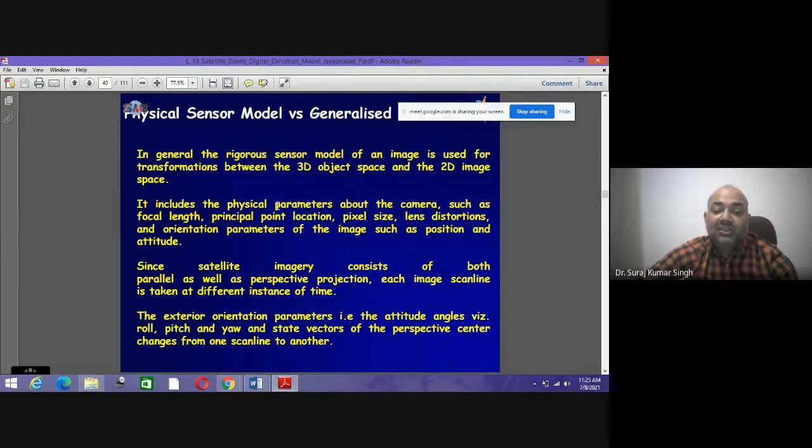Since satellite imagery consists of both parallel as well as perspective projection, each image scan line is taken at a different instant of time. The exterior orientation parameters like attitude angles, roll, pitch, yaw, and state vectors of the perspective sensor change from one scan line to another scan line.